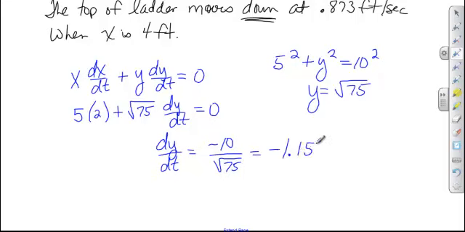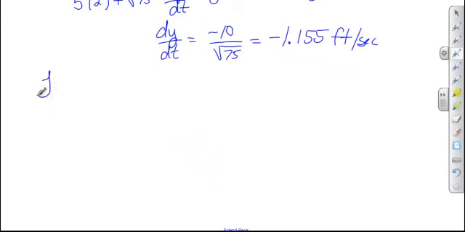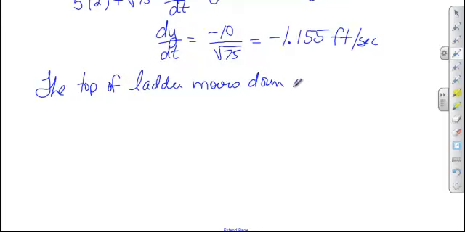So the top of the ladder moves down 1.155 feet per second when x is 5 feet.